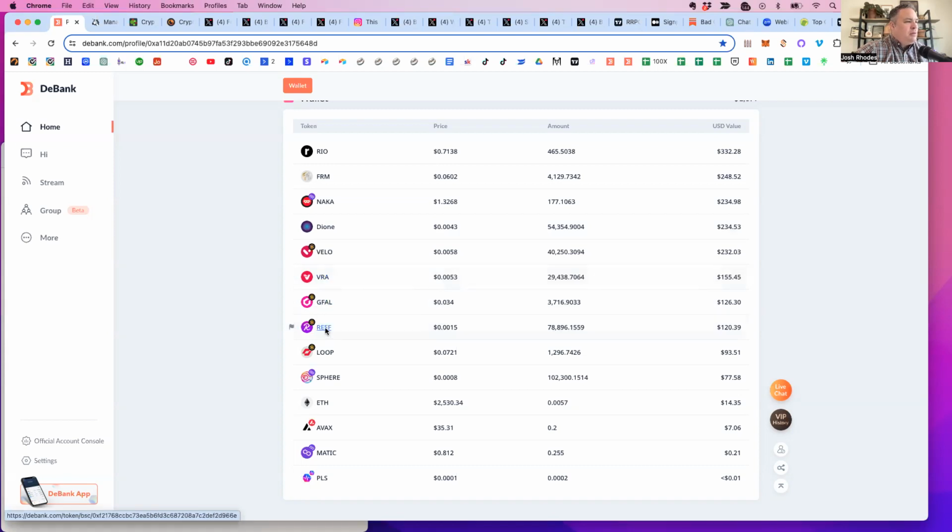But since September, everything Reef and north of this line, Loop and Sphere, have underperformed, unfortunately. And that's why we have 10 tokens and not 2 tokens. But these tokens, Rio, FRM, Naka, Dion, Velo, VRA, GFAL, and Reef. GFAL is a new token. It launched in the bear market last May, and it's a very, very small market cap.